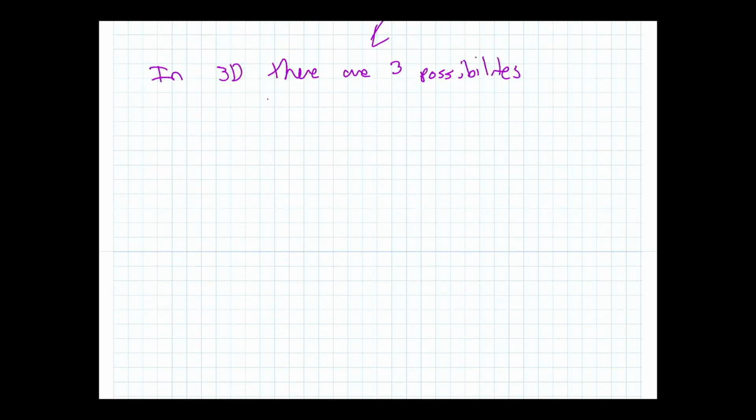So you could have parallel lines. Now, parallel lines would mean they have the exact same direction, but they never touch.